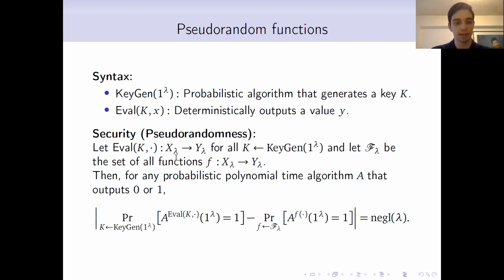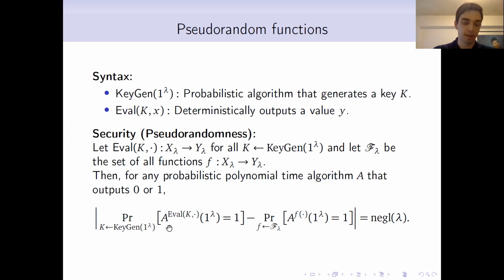If we call X lambda the input space and Y lambda the output space of the evaluation algorithm when the key is generated with parameter lambda, and we denote by F lambda the set of all functions from X to Y, then for any probabilistic polynomial time algorithm A, we consider these two experiments.